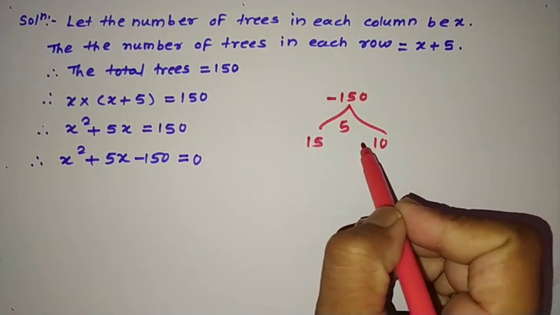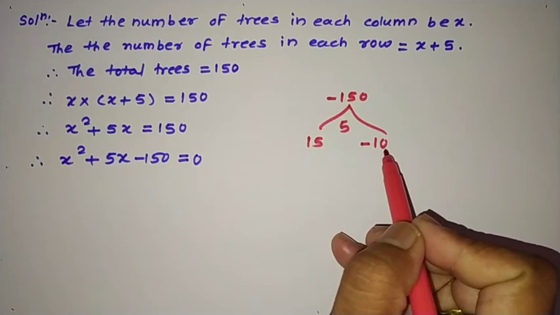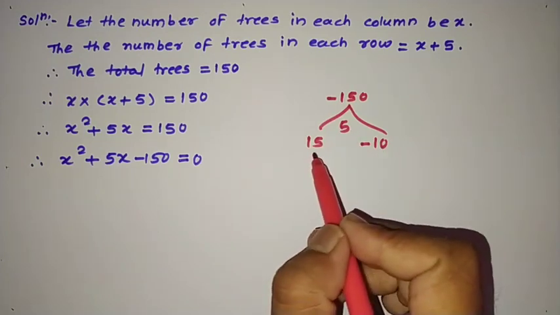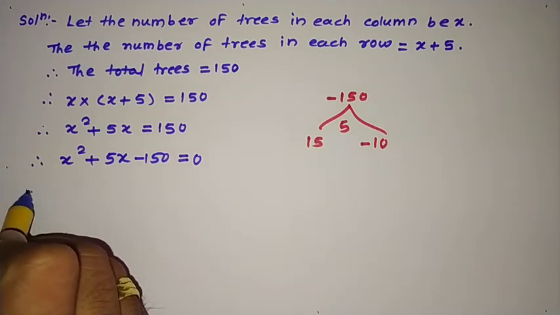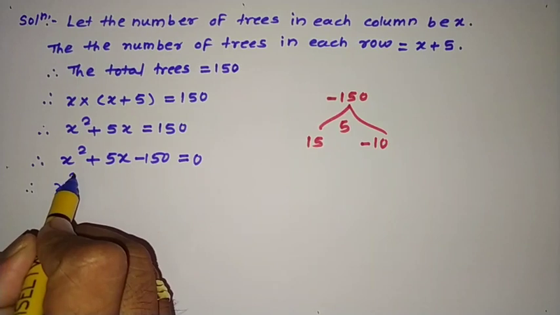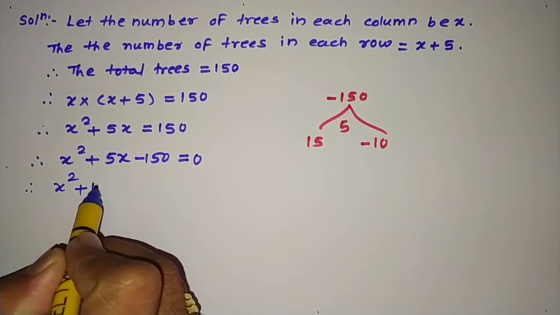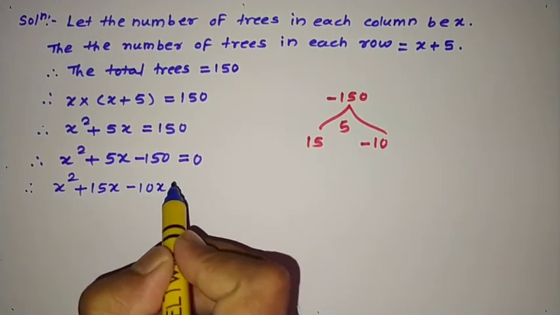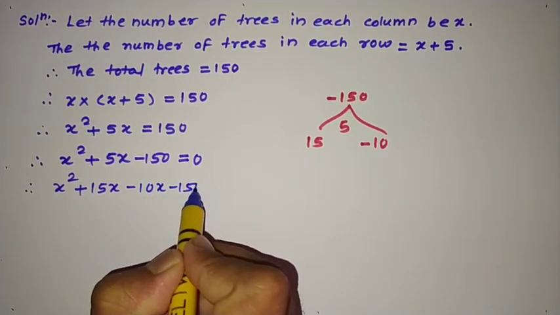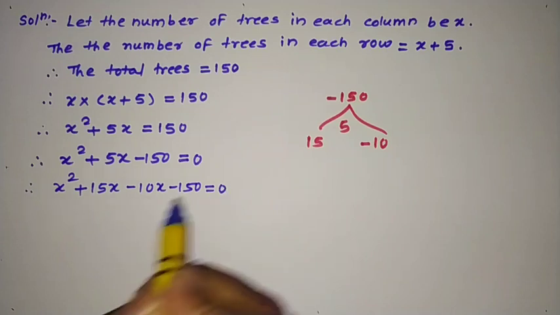With the minus sign, 15 minus 10 is equal to 5, and the multiplication of 15 and 10 is minus 150. Write down in the factor form, x square plus 15x minus 10x minus 150 is equal to 0.